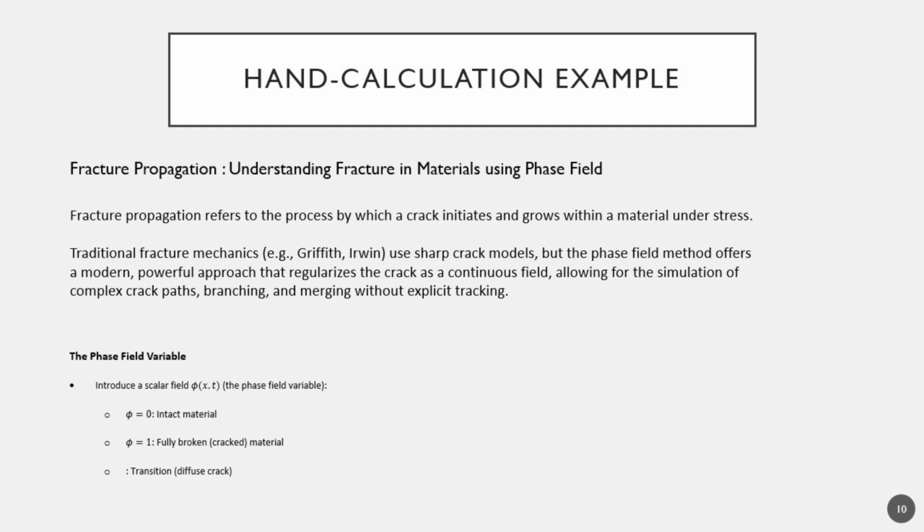That creates a fracture, a crack. And now what we do is we assign a phase field variable to the material itself, and we assign a phase to the fracture as well. We call material 0 and the fracture itself is called 1. And the transition is the propagation of that fracture.